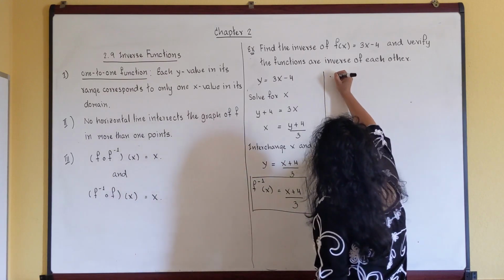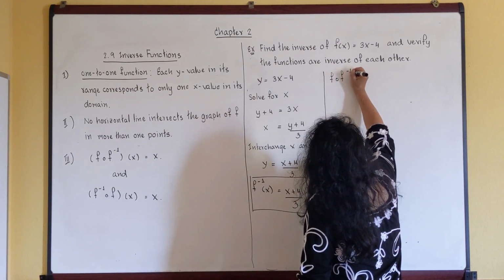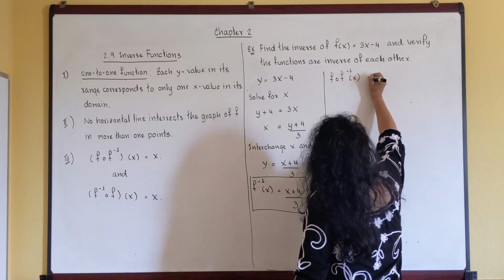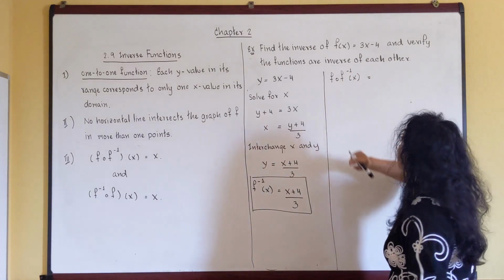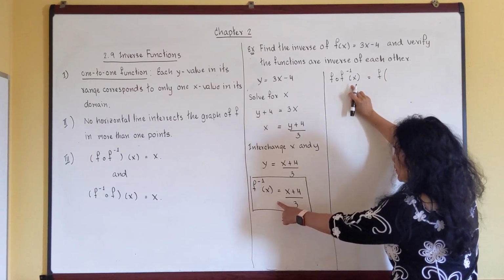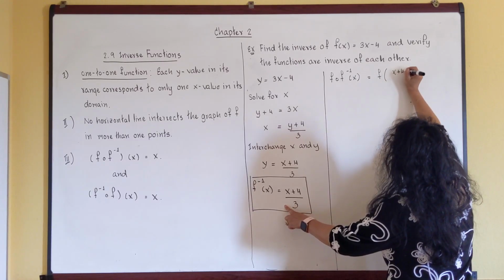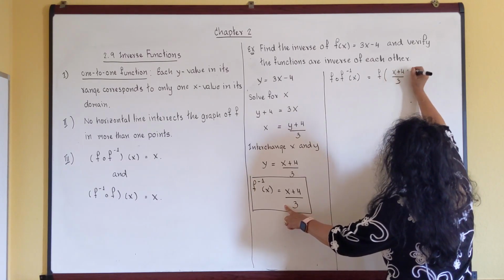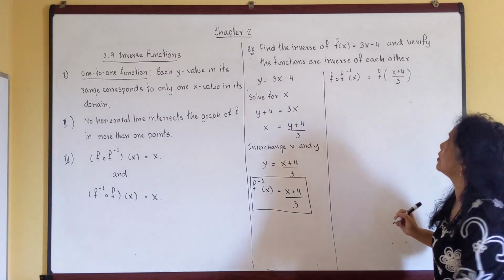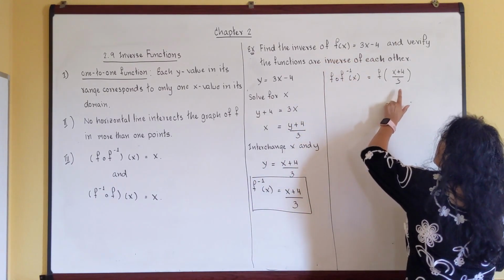So first I'm going to do f of f inverse of x. So the inside function here is the inverse function. So I'm going to have f of the inverse function, which is x plus 4 over 3. Now I have to go to my f function. Instead of f of x, I have f of this whole thing.